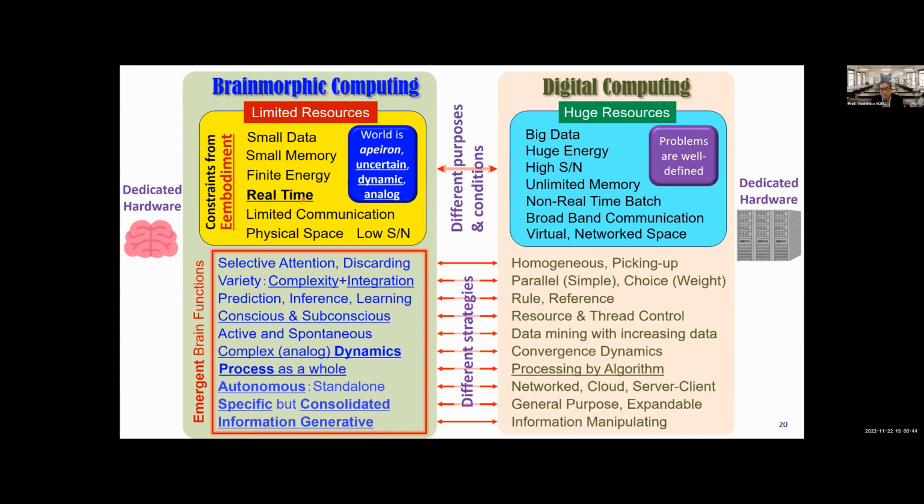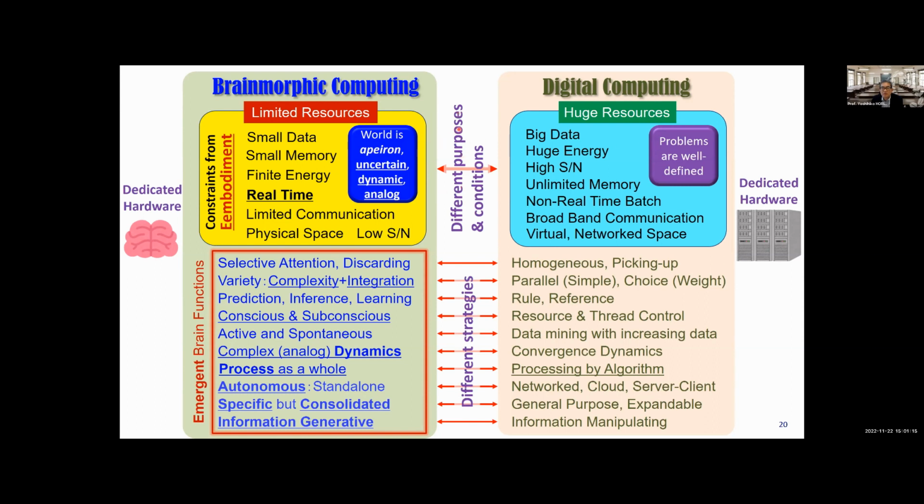In contrast, the digital computer right now can assume huge resources such as big data and virtual network space. And the problems which should be solved are usually well defined. So the world is different.